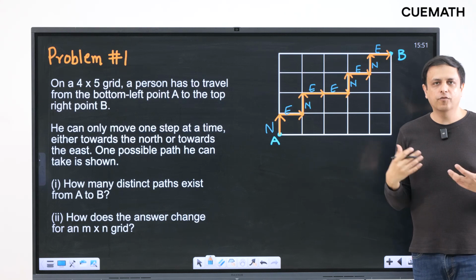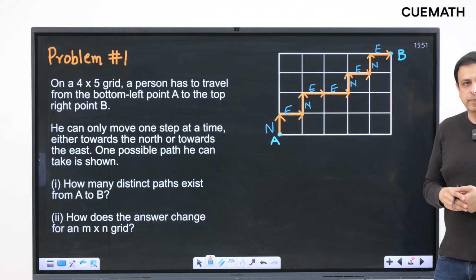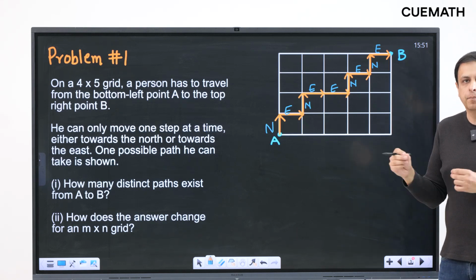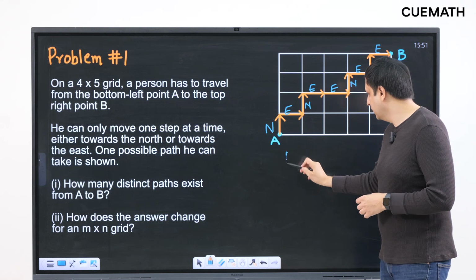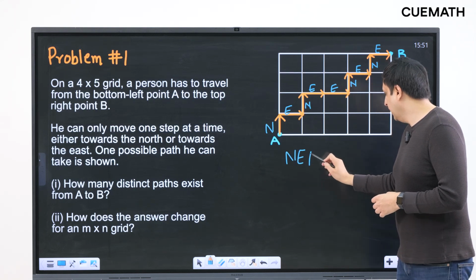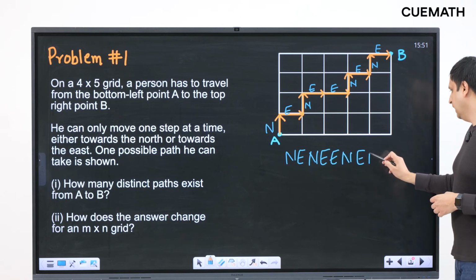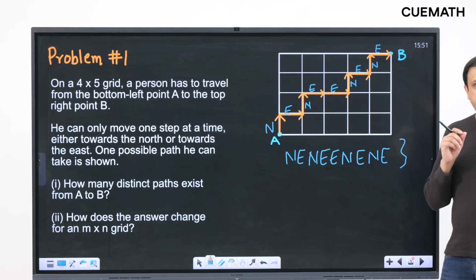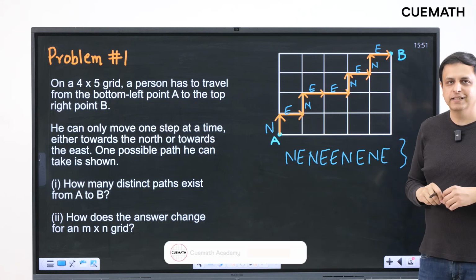If I now have to describe this path to somebody who is not able to see this picture, I can describe the path just as a simple string of letters N and E. And what will that be? That will be N, E, N, E, E, N, E, N, E. So this string of letters perfectly describes the path that is shown in this picture.